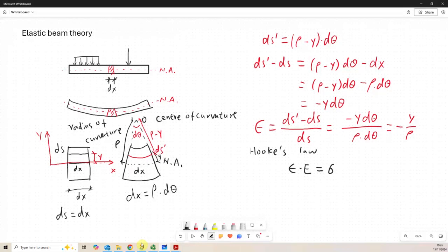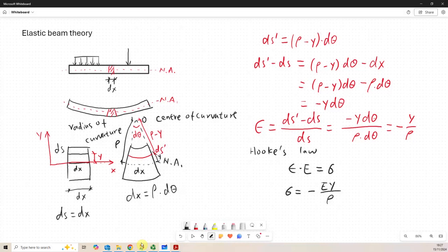So based on Hooke's law, with the strain epsilon equal to minus y over rho, we can derive the stress equal to minus E y over rho. Now we have derived the relationship between stress and the geometric information: the radius of curvature and the distance between the line we studied and the neutral axis.